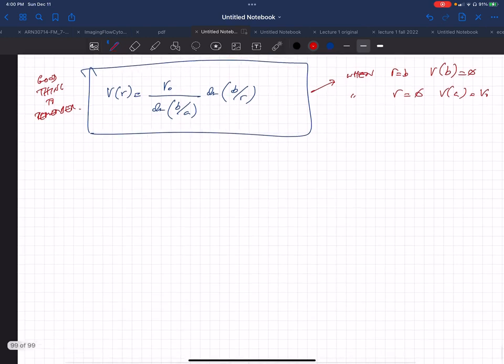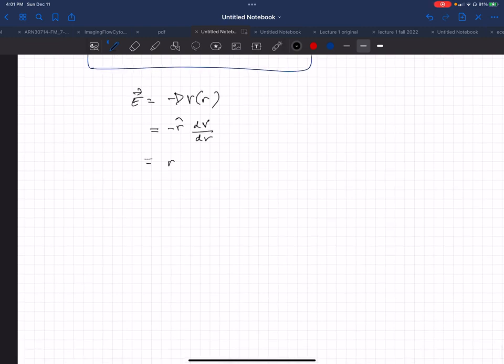Okay, and then looking at the electric field, E is minus the gradient of V of r. We need to find an expression for the gradient in cylindrical coordinate systems, which you have to look up, I guess. Minus dV over dr, it's equal to r hat V0.